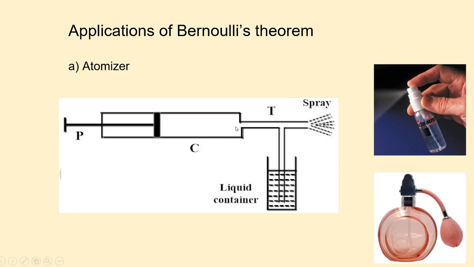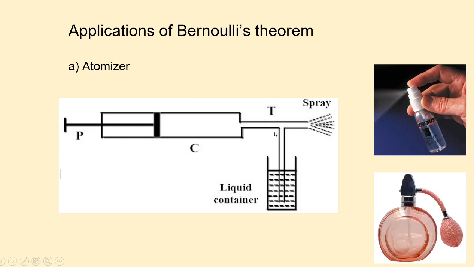If the area is increased, automatically the speed is decreased. If the area is less, the speed is increased. So the speed of air particles in the T-section is greater.